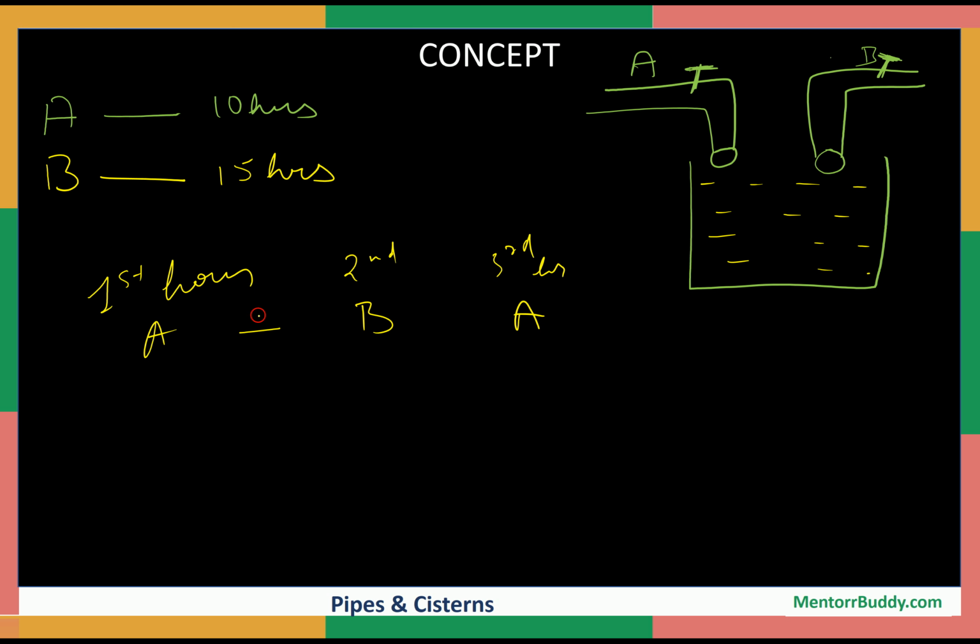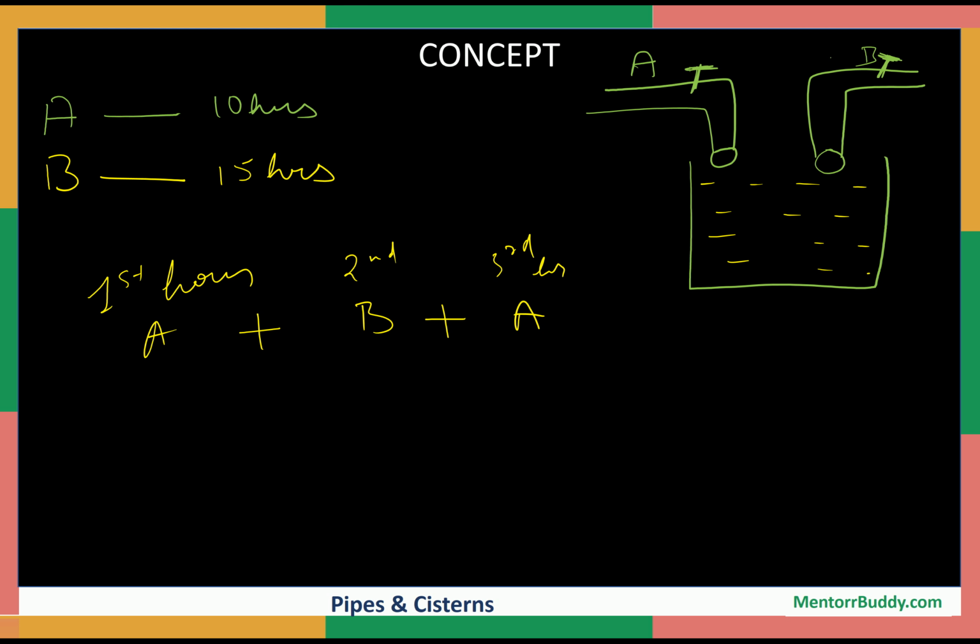So this way they are filling the tank. What will be the total time taken by them if it starts with pipe A? This is the concept of alternate pipes, that is alternate work. If A works for 1 hour, then B works for 1 hour, then A works for 1 hour, like this.